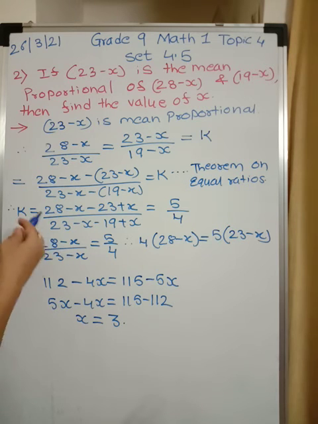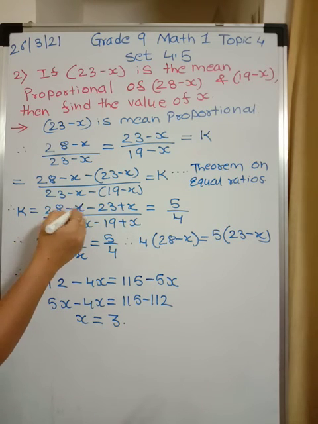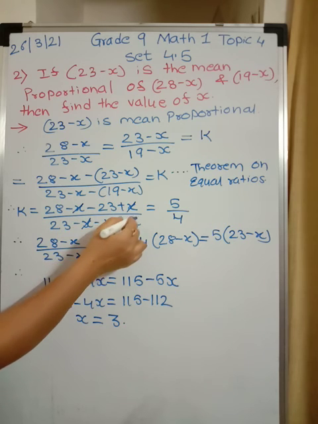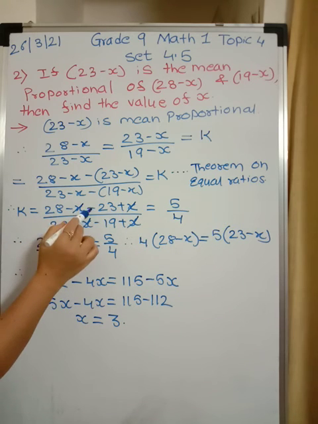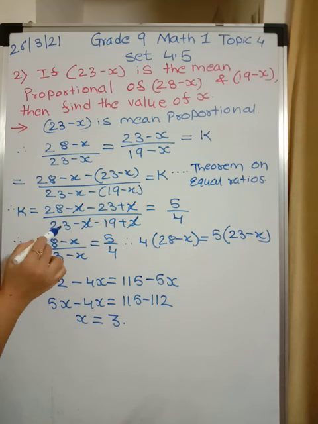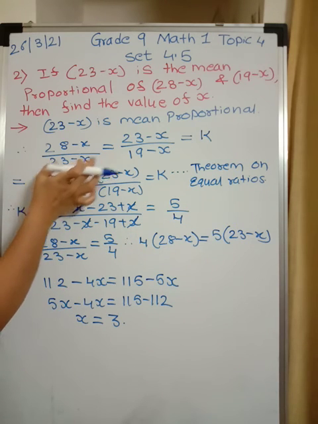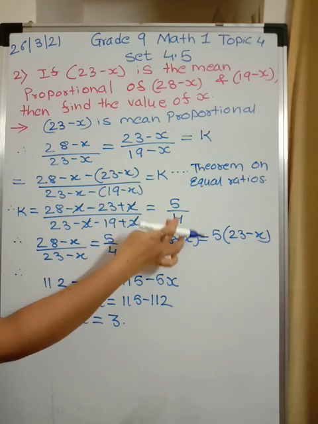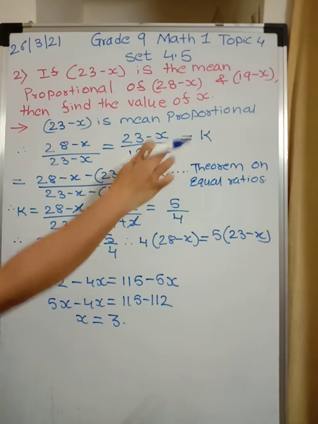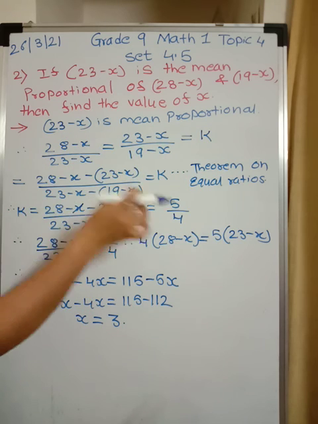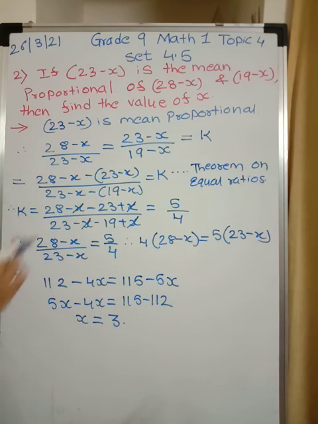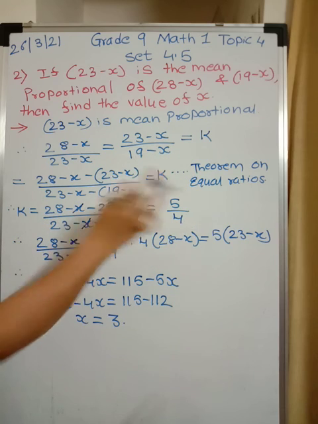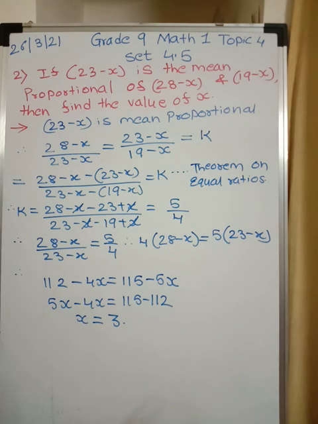Now if you calculate this value, x will get cancelled. Here x will get cancelled. 28 minus 23 is 5 and 23 minus 19 is 4. So we got this ratio equal to k equal to 5 by 4. In short, the value of k, or each ratio, is equal to 5 upon 4. So you can equate any of these ratios to 5 by 4 and find out the value of x.